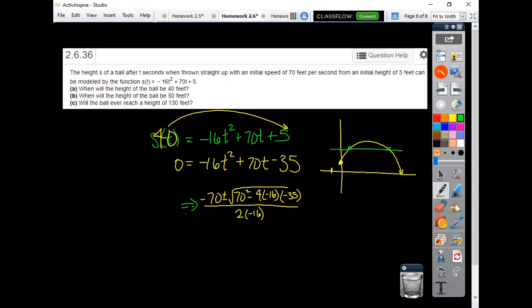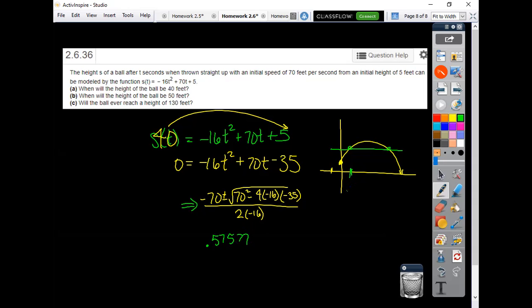Hit enter to get all that. That was a negative number divided by my negative 32. So I've got positive 0.57577. This first time right here, that's what that would be.